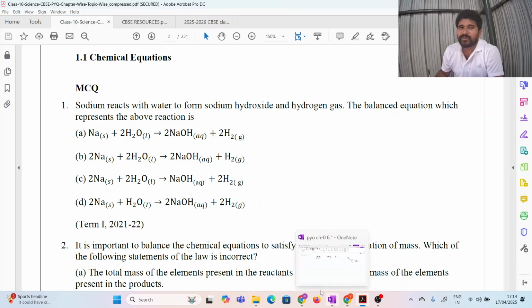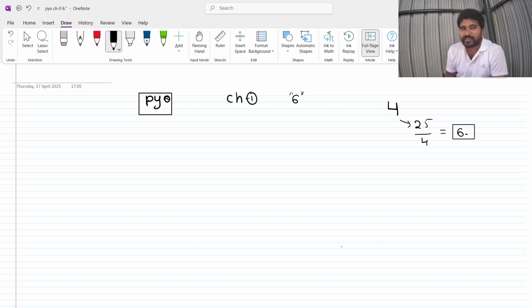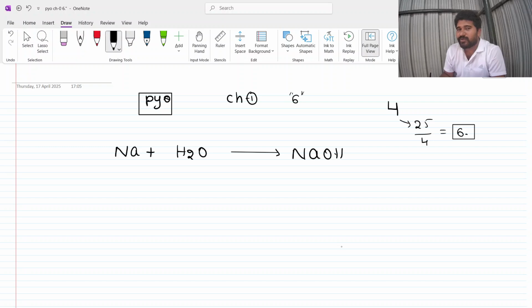Let's take that. Who is reacting with what? Sodium reacts with water. So, Na plus H2O gives NaOH.